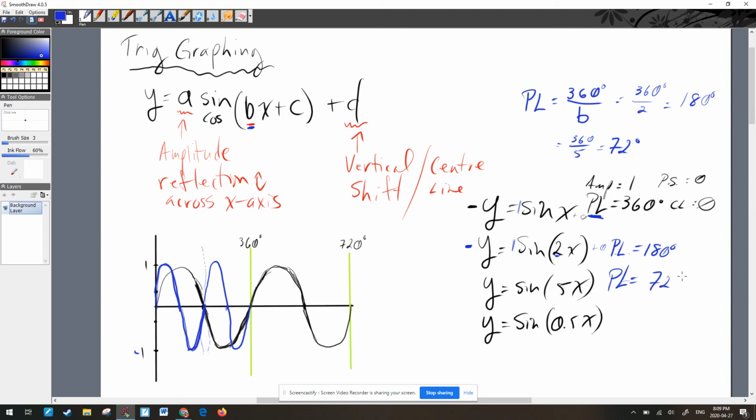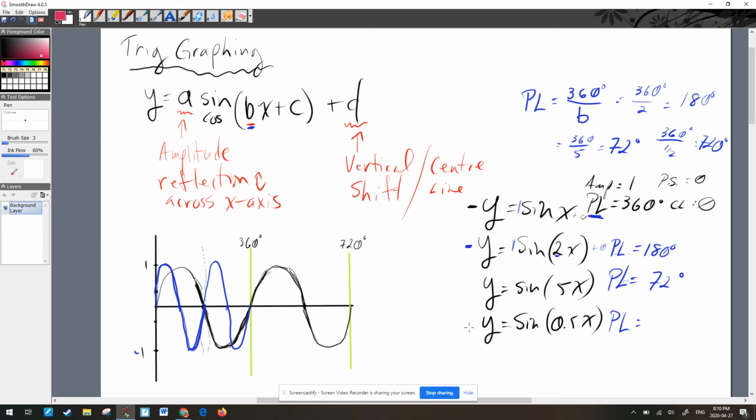So this one would have a period length of 72 degrees. And then this one, what is the period length going to be equal to? It's going to be 360 divided by a half. You can type that in your calculator if you want, it's going to be 720 degrees. So I can kind of fit this one on nicely. I'm going to grab a different color. I think that's red.